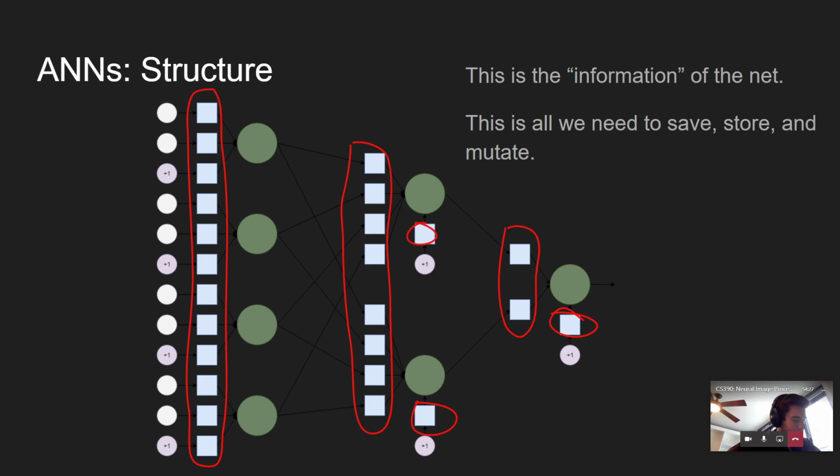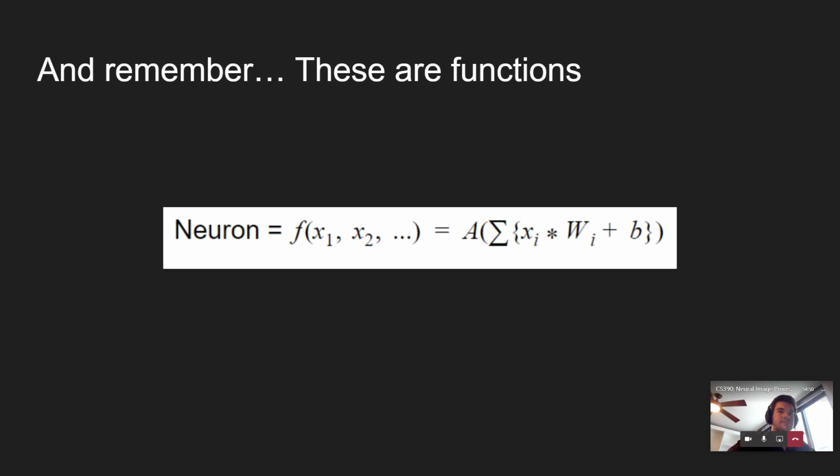So if we are saving our network, storing it, changing it, this is all we're worried about. Everything else is going to stay static throughout the life of the network. With an asterisk, there are some exceptions when you get to more advanced versions of this, but generally for the most simple versions of these, it's going to look like this.